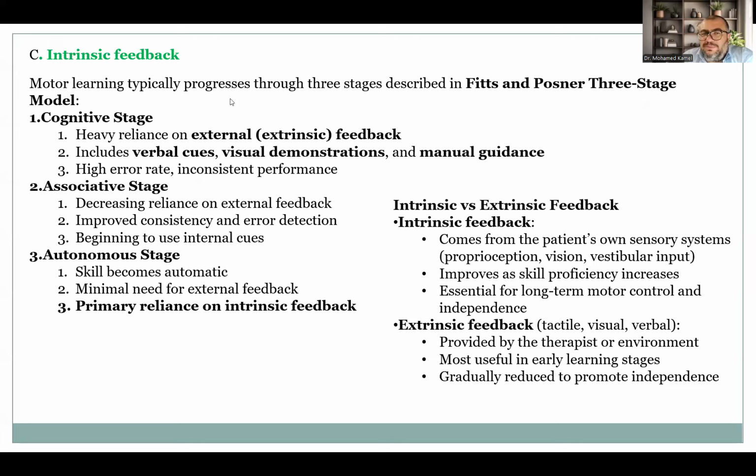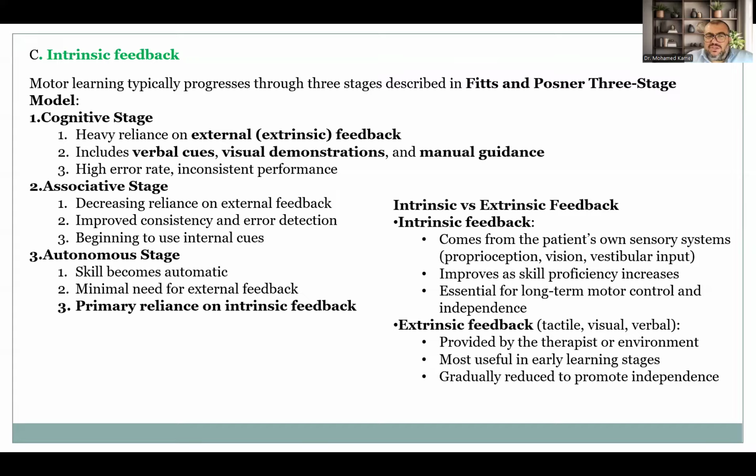So motor learning typically progresses through three stages mainly. Okay. And this was described in the Fitts and Posner three-stage model. So we have three stages: cognitive stage, number one, then associative stage, then autonomous stage. Okay.